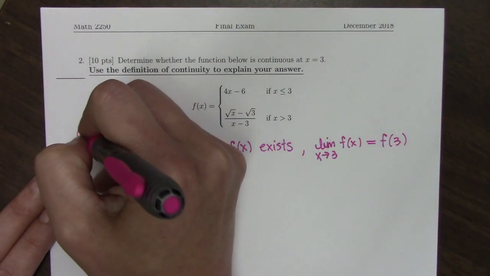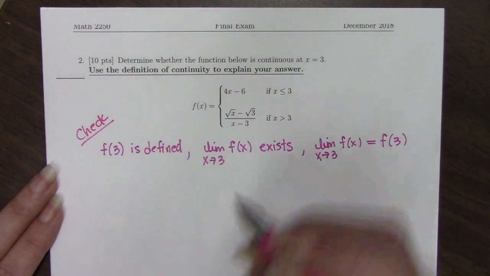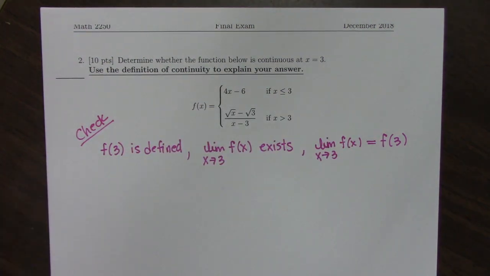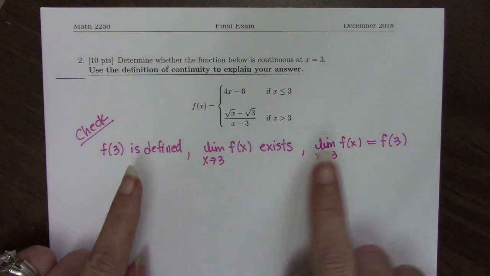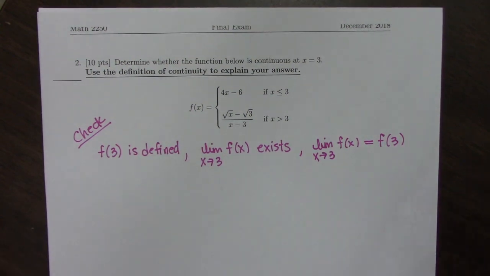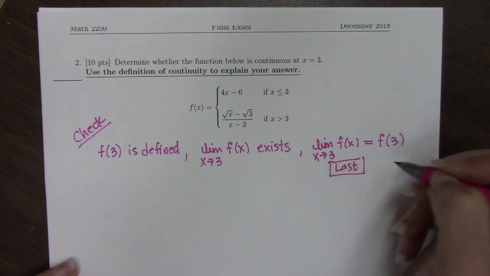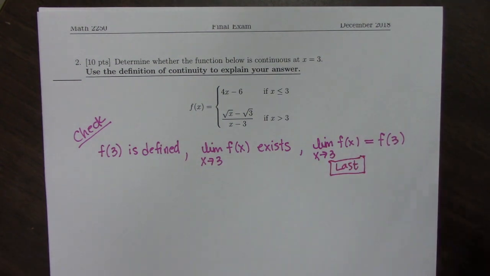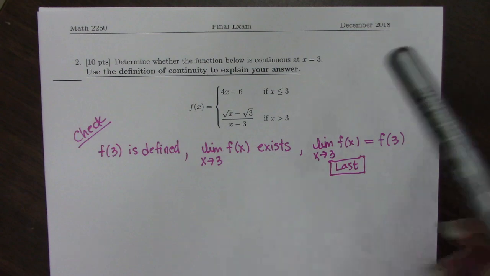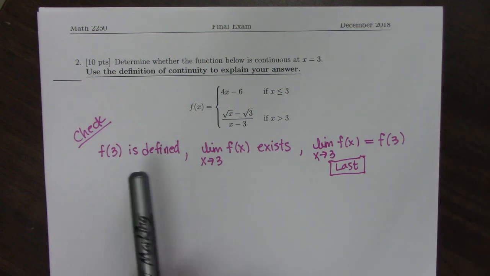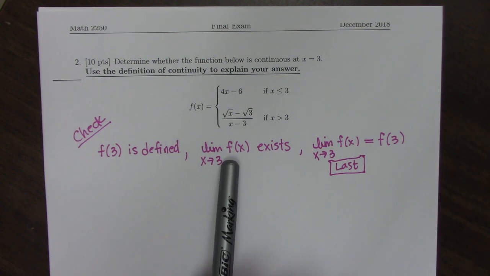So this is what we need to check. You can do these in any order as long as this is always last. You cannot claim this unless you're disproving continuity, but remember, the value of a function can be completely independent of the value of a limit.